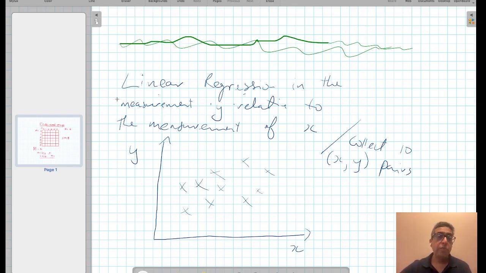So there is, of course, the notion of doing the really simple thing of trying to create a model of the dependency of variable y on variable x, or measurement y on measurement x. So we're varying x, let's say, and we collect observations y, and we plot them on this axis, and the x values go on that axis.